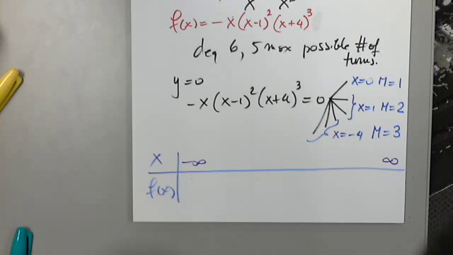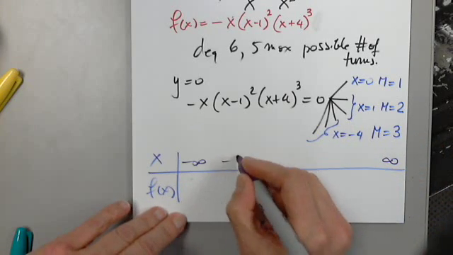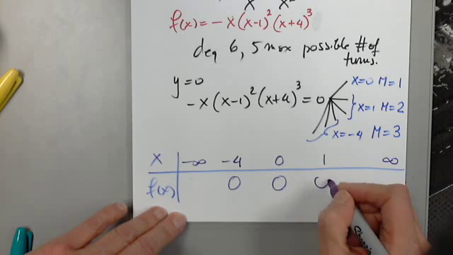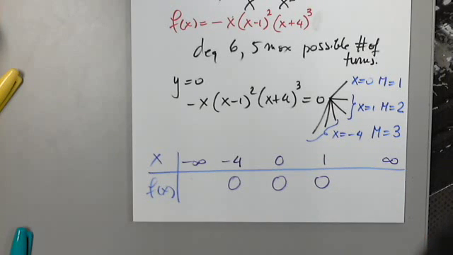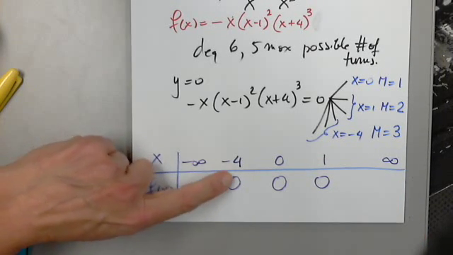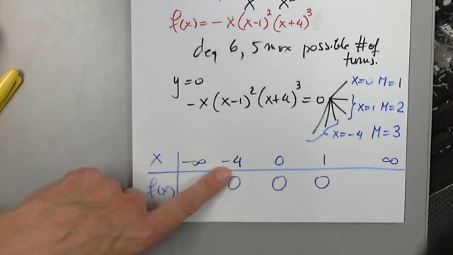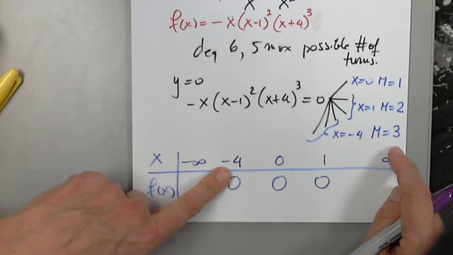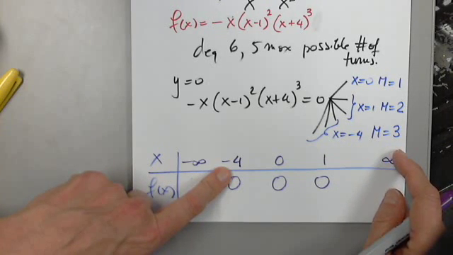So I have to put in these values. I start with negative 4 and then 0 and then 1, with y values 0, 0, 0. And now I have to identify what happens. What does this function do at negative 4? This particular solution has multiplicity 3. What has to happen there?